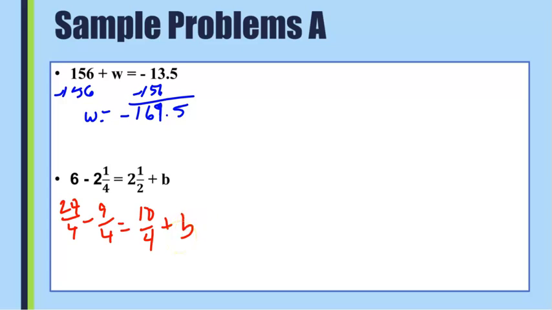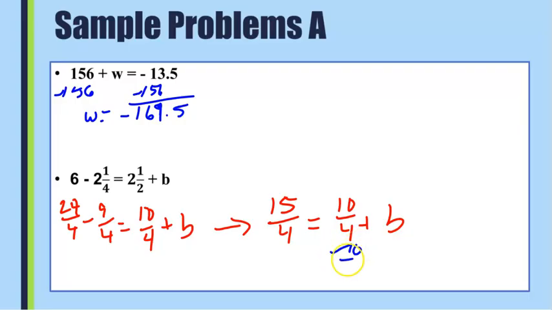Now if I combine like terms here, 24 minus 9 is going to give us 15/4. So I got 15/4 equaling 10/4 plus b. The opposite of adding 10/4 is subtracting 10/4. So b is going to equal 5/4.